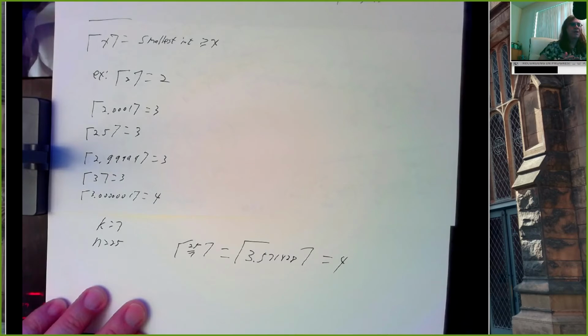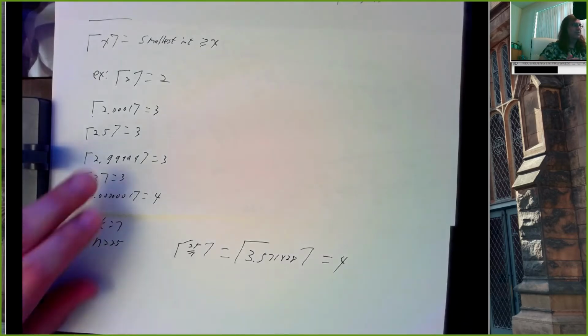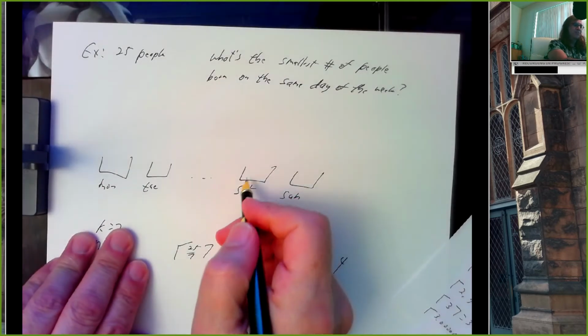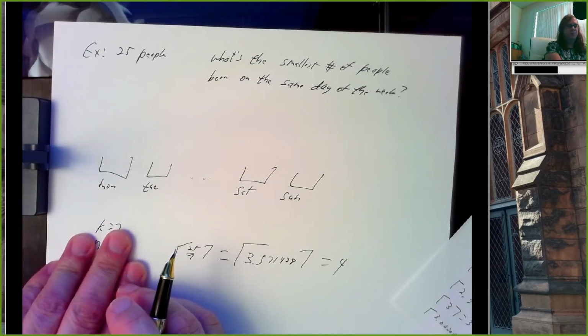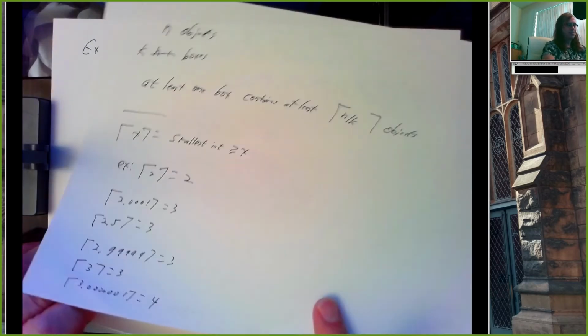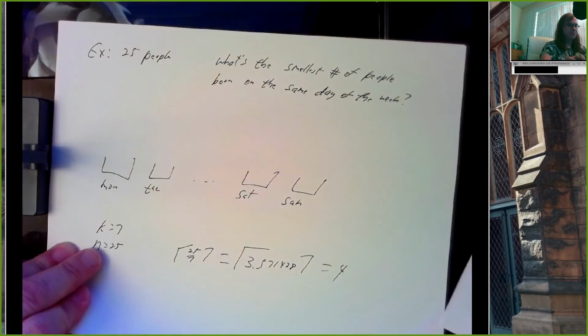So at least one box contains at least 4 people in it, which means there's at least one day of the week that's shared by 4 people or more. So that's the generalized pigeonhole principle. And it comes in useful sometimes working problems in reverse.